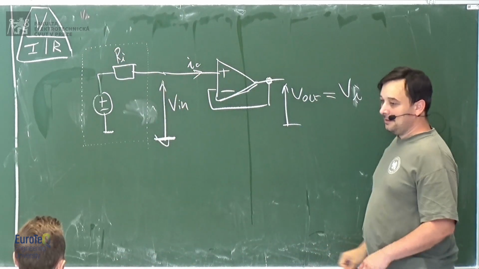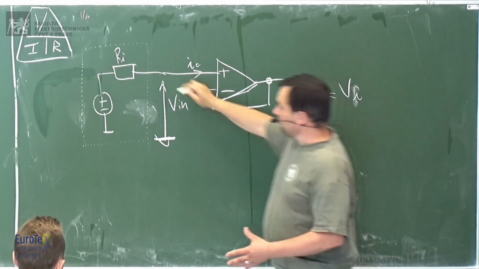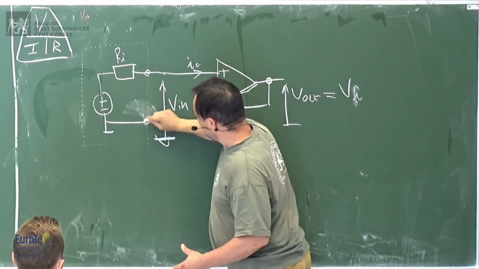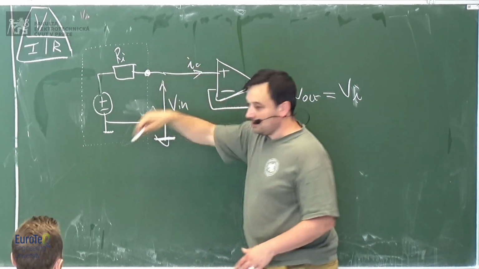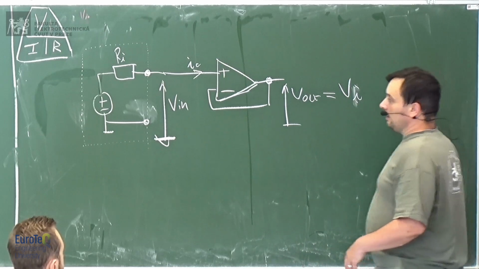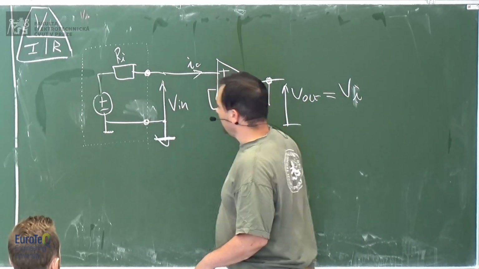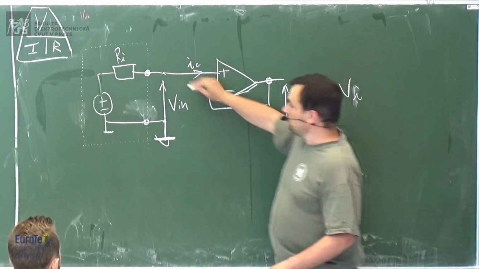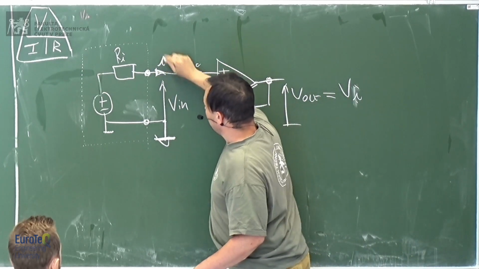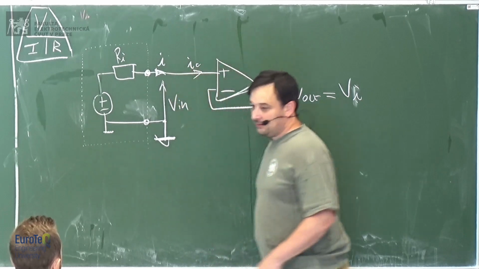This is our box. These are the terminals. This is our black box. And so we connect this to the ground. We don't want to take any current out of that, okay?